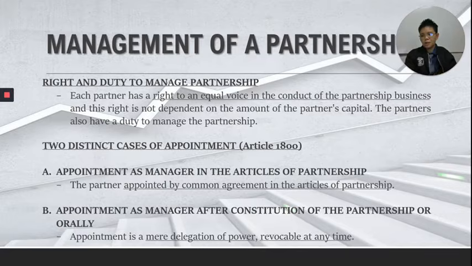So, remember, para i-revoke ito, just and lawful cause and vote of the partners representing the controlling financial interest. So, that is 51% of the financial interest, at least.